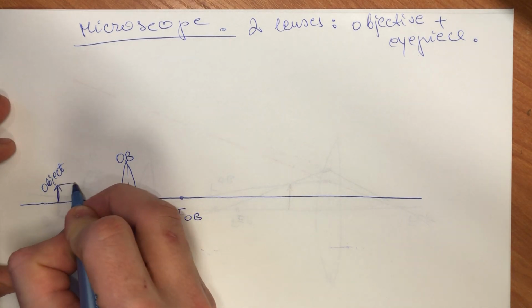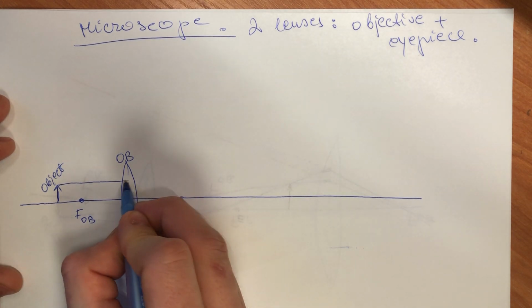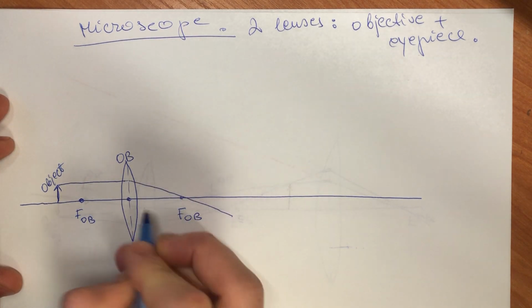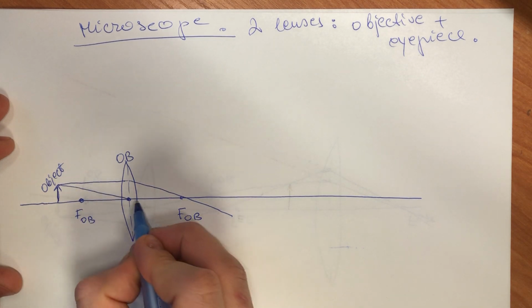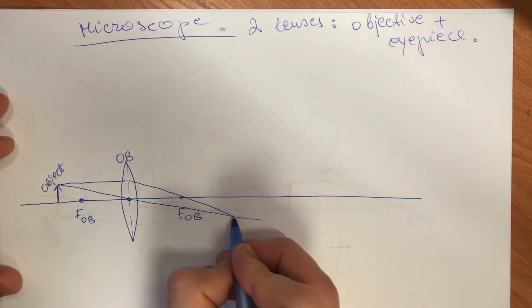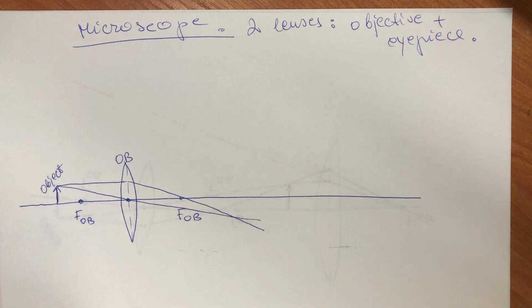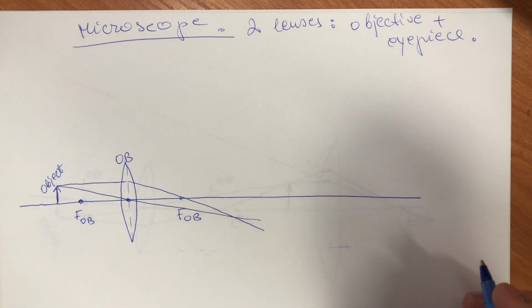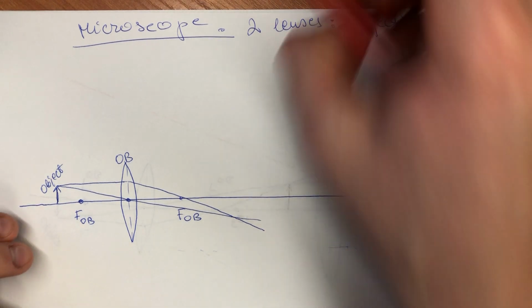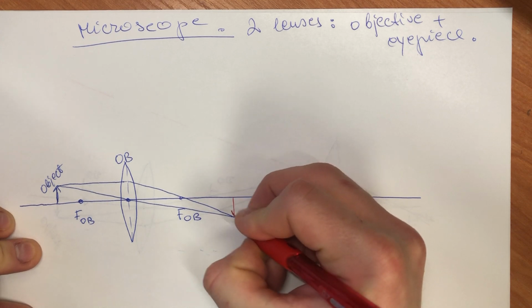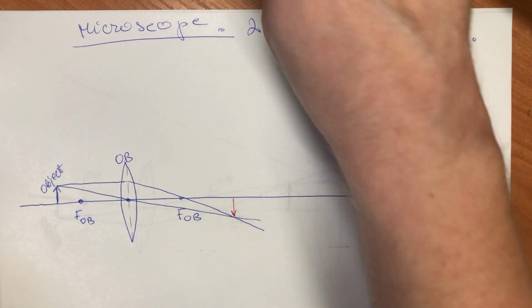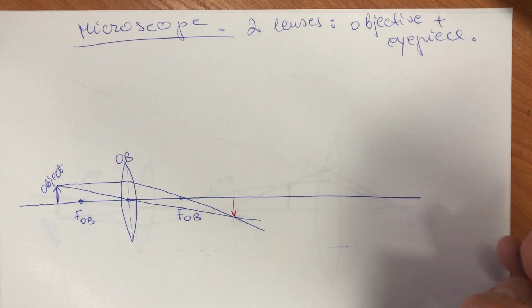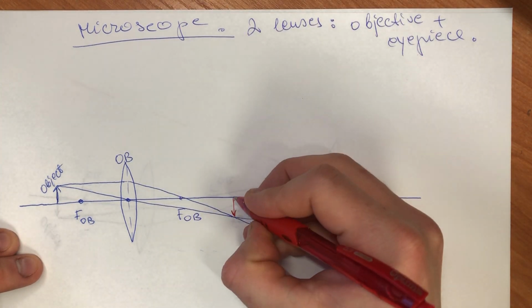And then the light rays, when they go, form an image here.